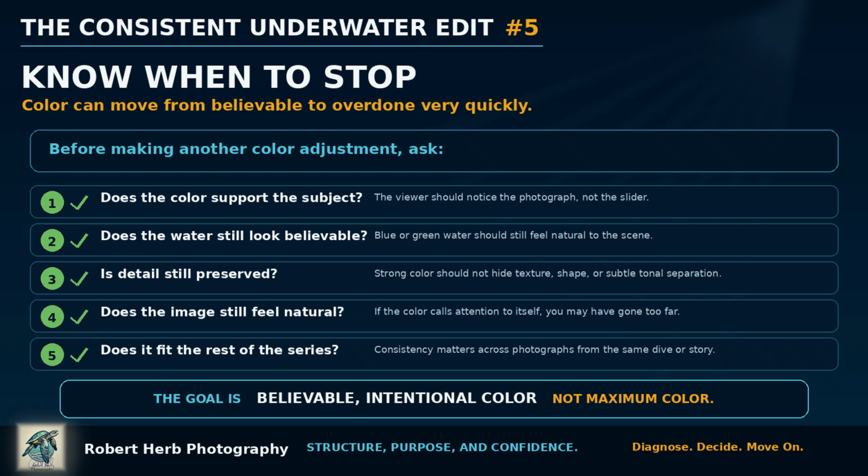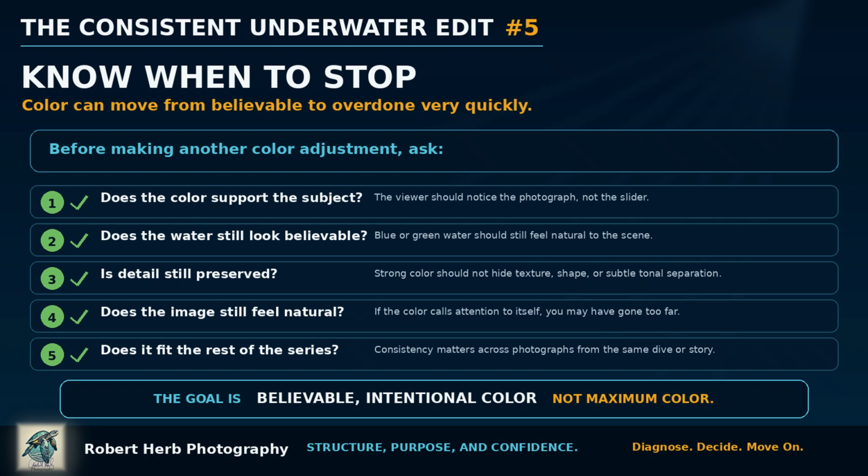One of the hardest parts of color is knowing when to stop. A photograph can move from believable to overdone very quickly. So before I make another color adjustment, I ask a few simple questions. Does the color support the subject? Does the water still look believable? Is detail still preserved? Does the image still feel natural?